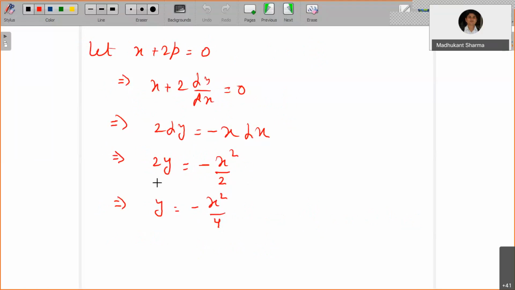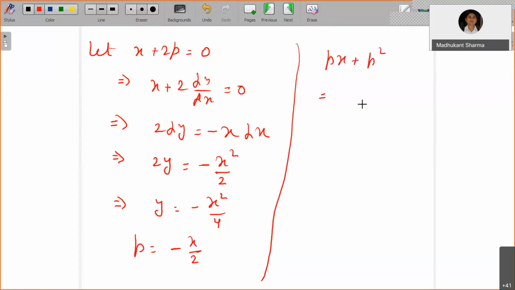Now you have to verify whether this is a solution of the original equation or not. To verify, you have to get what p is here. p is nothing but minus x by 2. So you can obtain the right side, px plus p square.